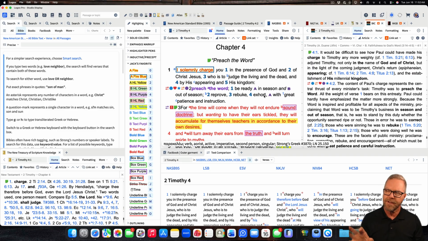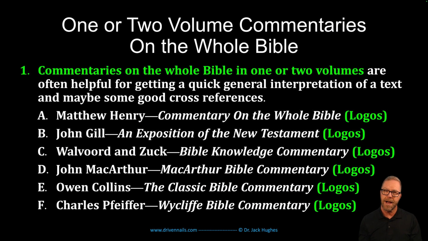So I have those. I may consult those up front before I finish the rough draft of my sermon. Maybe I can't even think of what the text means. It's like, what is he talking about here? I don't even know anything about this. This is an odd thing, or a weird phrase, and what does this mean? Sometimes you just need a little bit of help.